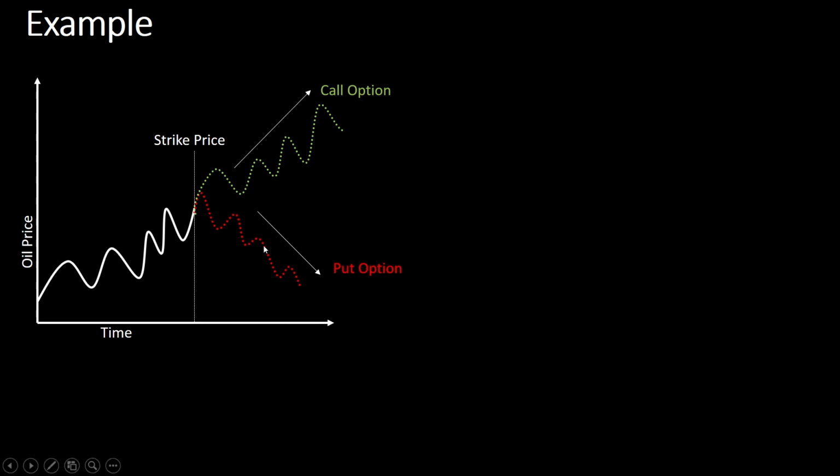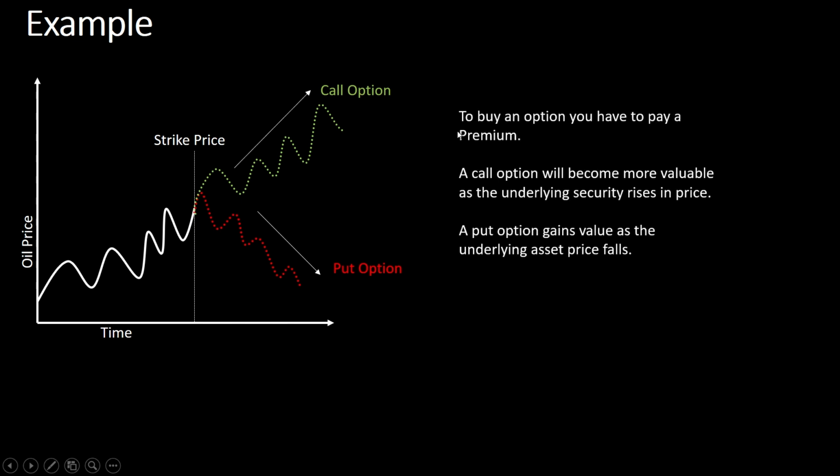And a call option is the kind of option you buy when you are expecting the underlying asset price to go up. A put option is the option you buy when you expect the underlying asset price to fall. To buy an option, you have to pay a premium.